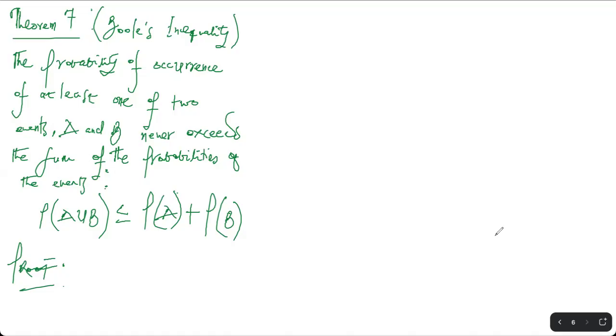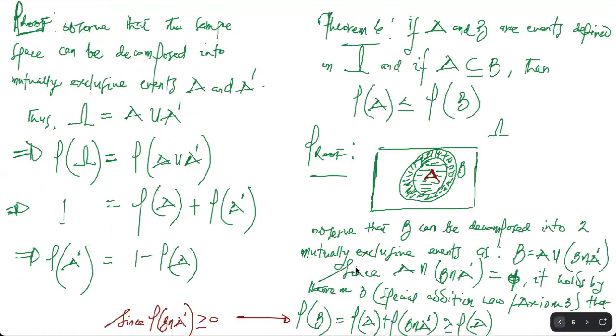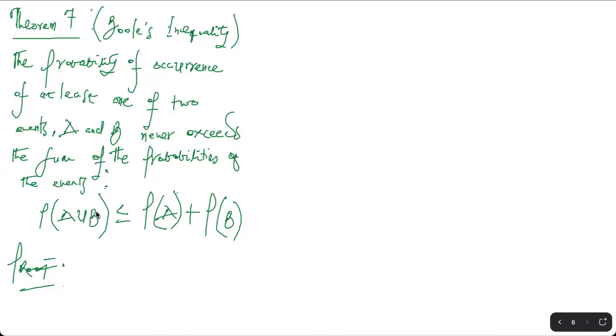Just going back to the expression we just looked at, the probability of B is equal to the probability of A plus the probability of B intersection A prime, which would always be greater than or equal to the probability of A. So let me make a quick remark here.